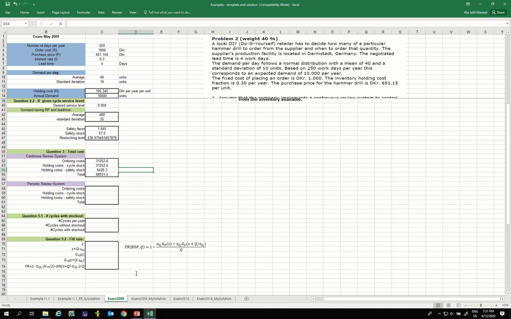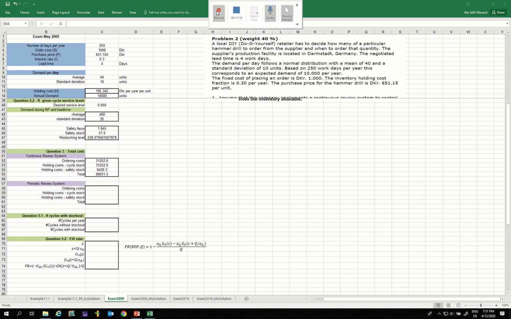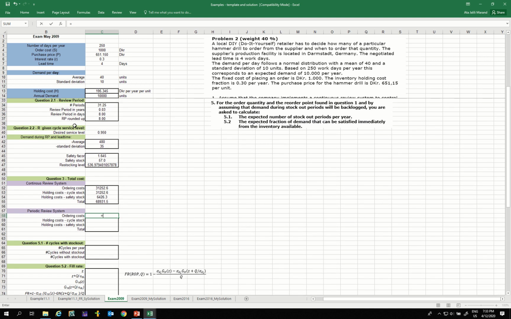Now let's do the calculations for the periodic review system. For the periodic review system, the ordering cost is equal to, we'll do it step by step. Here we have the reorder period equal to 8 days.